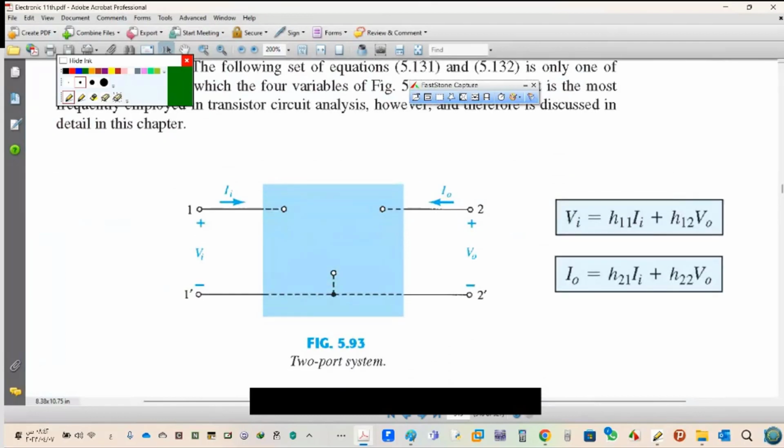As I told you, hybrid is V as a function of I and I as a function of V, so for that reason it is called hybrid; we have both.